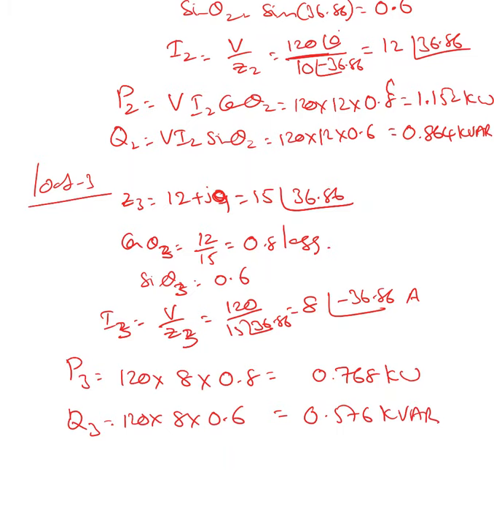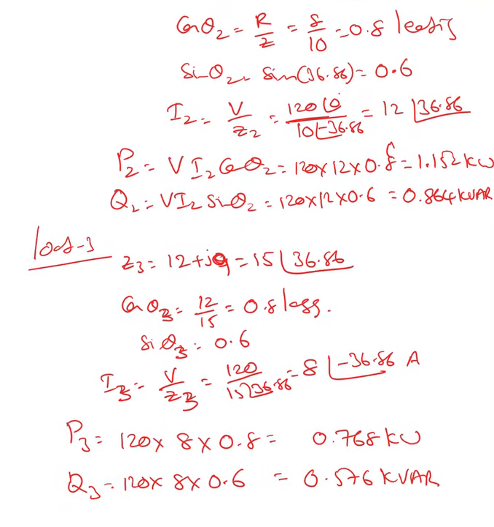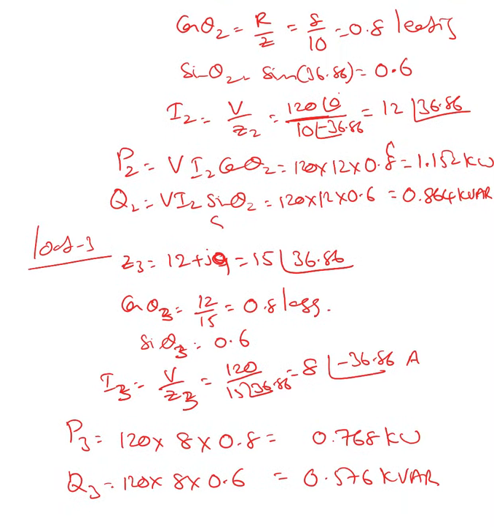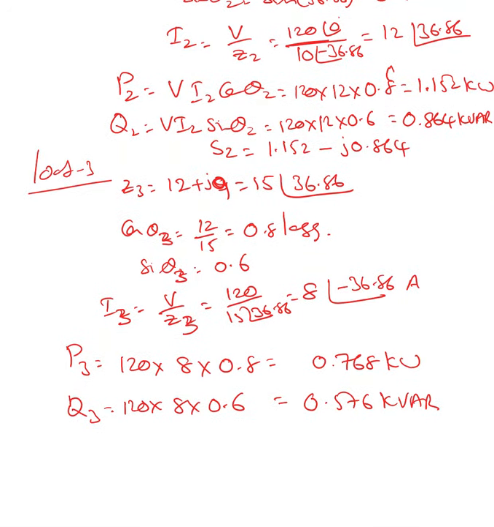Now when we put them together, I forgot to put S2. S2 has a leading power factor, so it must be 1.152 minus J 0.864. S3, since it's lagging power factor, is consuming active power plus reactive power.